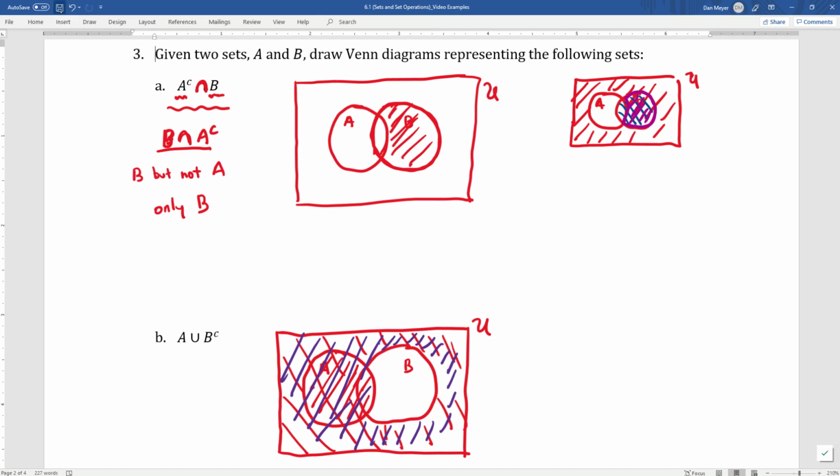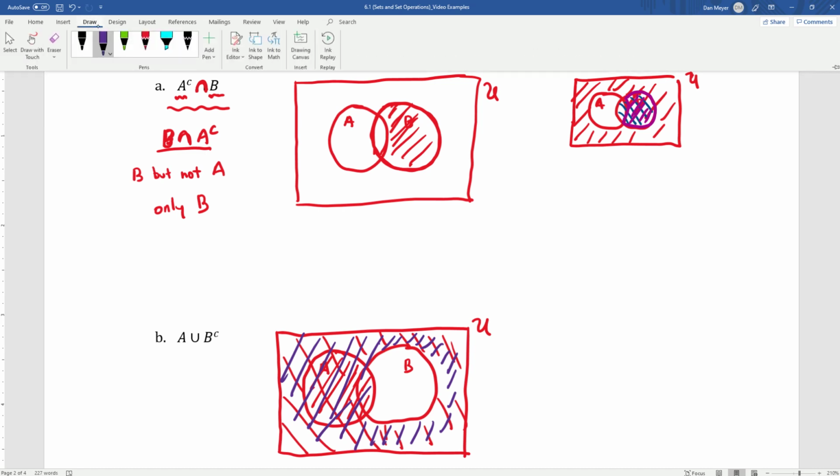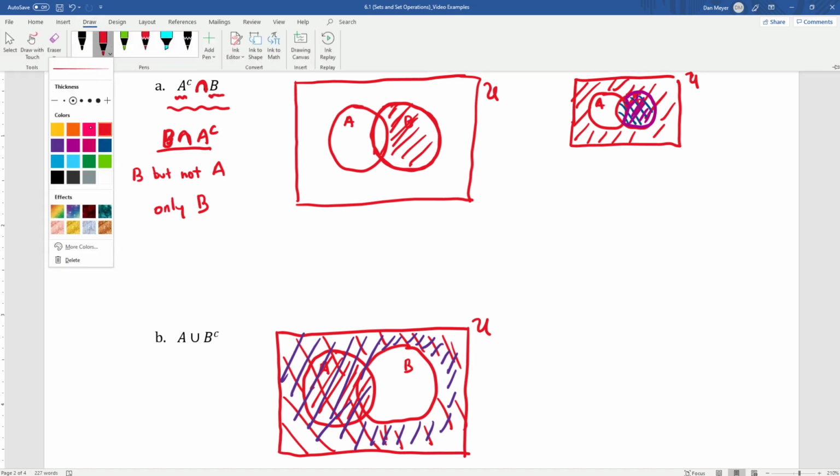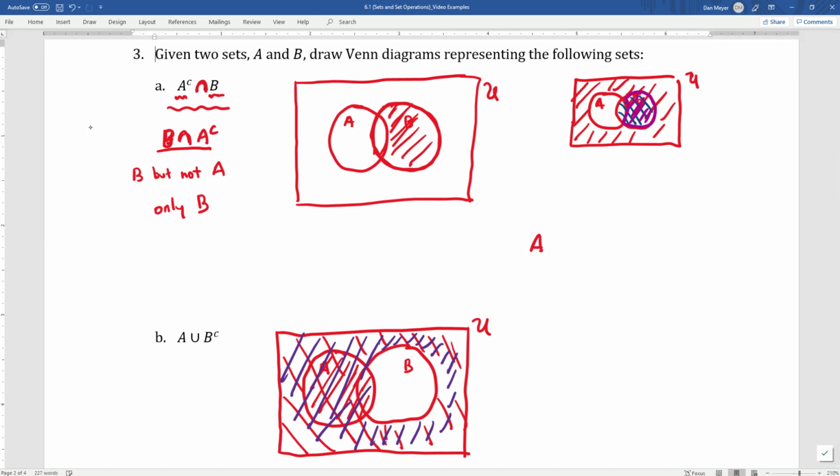We talked about De Morgan's laws. Here's another little bit of algebra for sets. All right, the set that we shaded in part B, A union B complement, is the opposite of the thing that we shaded in part A. Right? And so that's interesting.